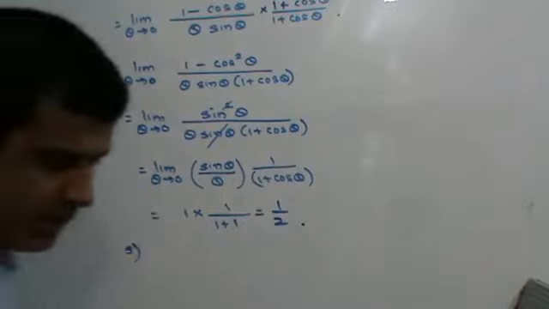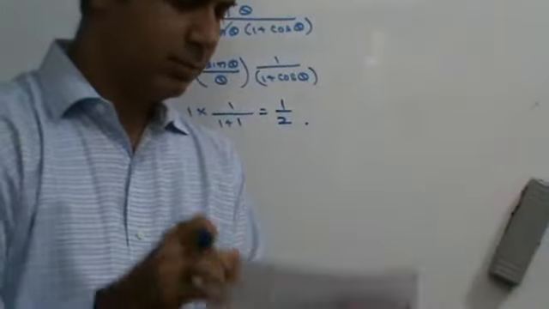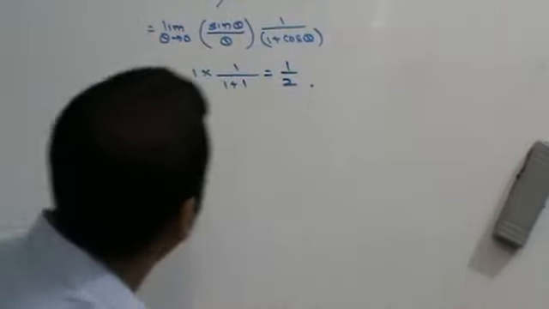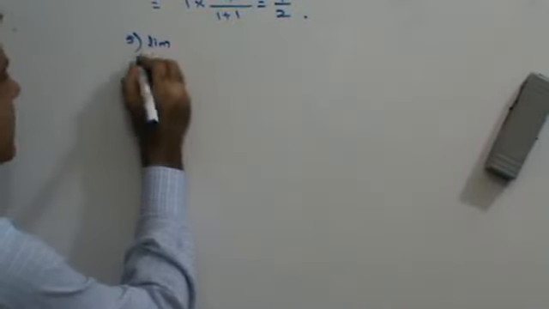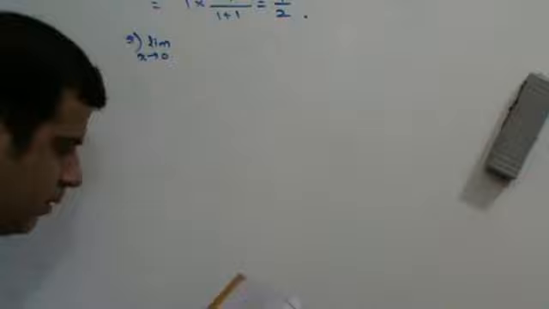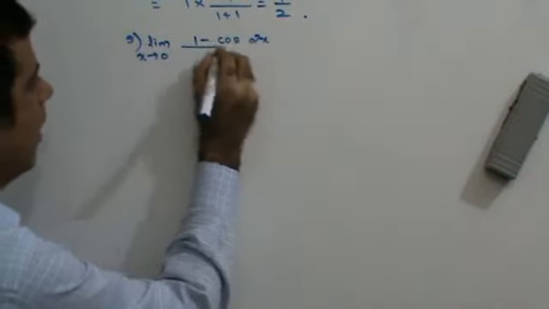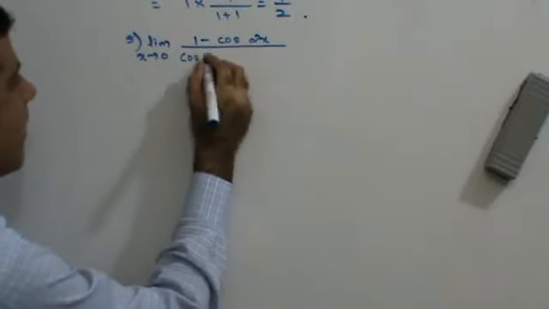Let's see another sum, guys. Limit of x tends to 0, (1 minus cos 2x) upon (cos 2x minus cos 8x).